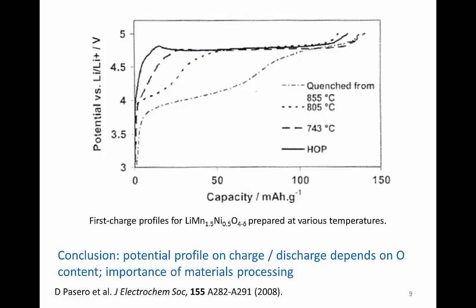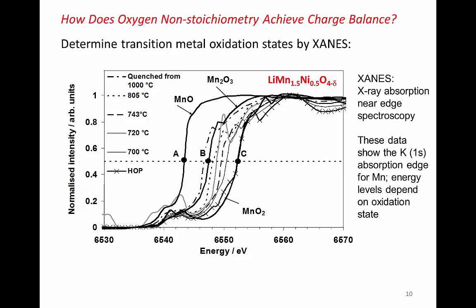So the conclusion from this is that the potential profile on charge and discharge depends upon the oxygen content, and therefore illustrates the importance of materials processing to the subsequent performance. So, pursuing that a little bit further, do we know what the oxidation state of the different elements is?